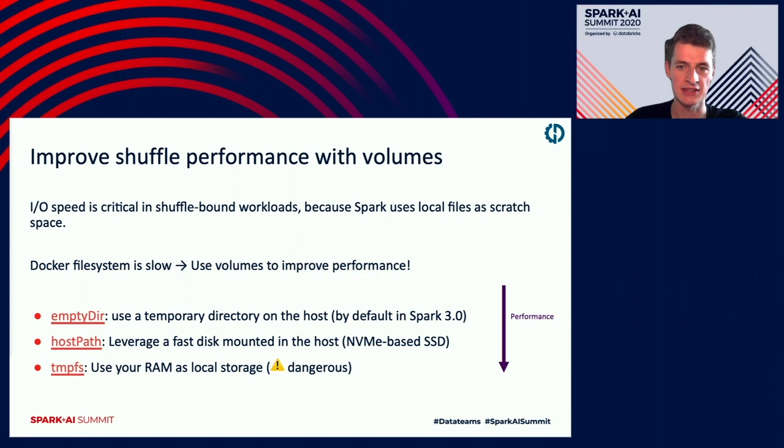It's like an empty dir, but you can specify the path on the host machine file system. And in our case, you can set the host path to the location of the mounted disk. And finally, you can use RAM as a local storage with a protocol like tmpfs. This is super fast, but the stored files will count toward your memory limit. So be careful with this solution.